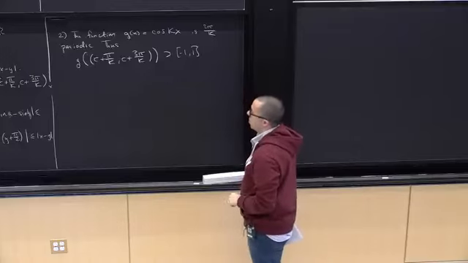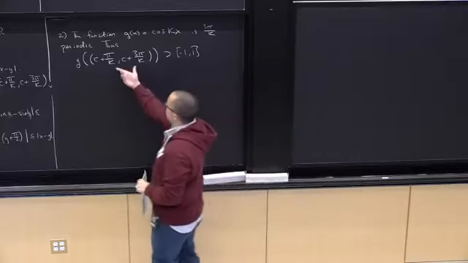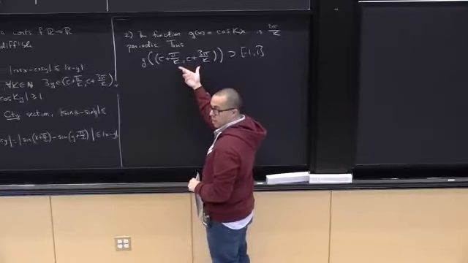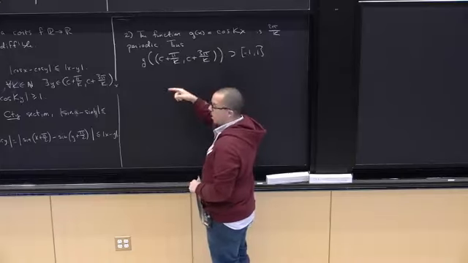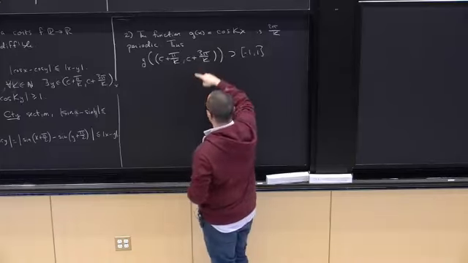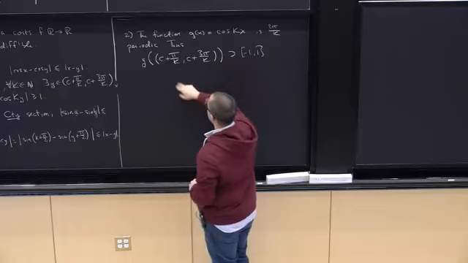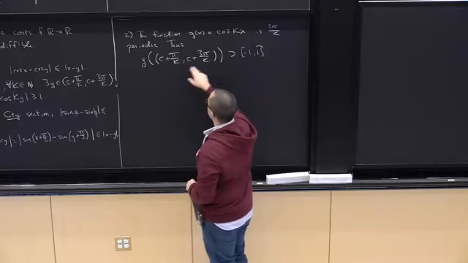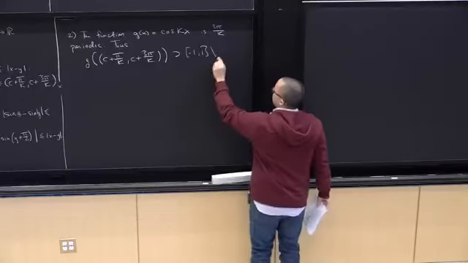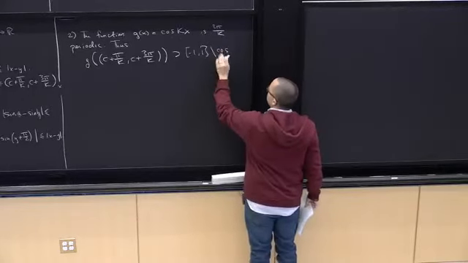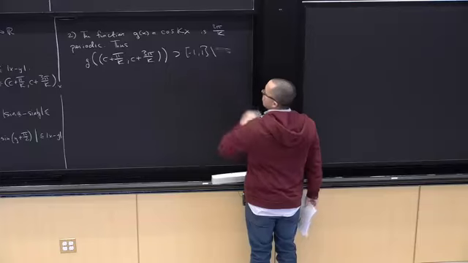Okay? This is an interval of length 2 pi over k. Cosine kx is 2 pi over k periodic, so I should get everything between minus 1 and 1, except possibly the value at the endpoints.